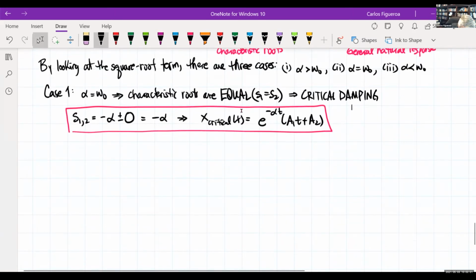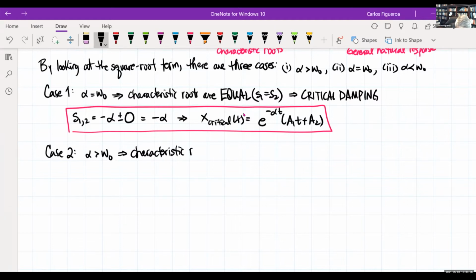Then if I go to case 2, then I start to look at them differently. So then if alpha is greater than omega naught, then what do we know? The characteristic roots are real and distinct or different. In other words, S1 is not equal to S2, but these guys are real, and this is what we call overdamped.